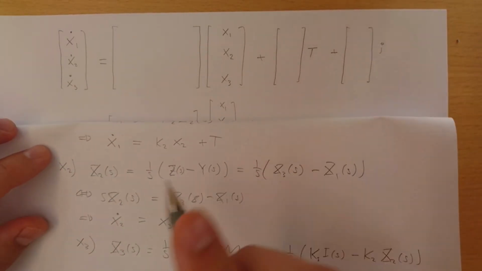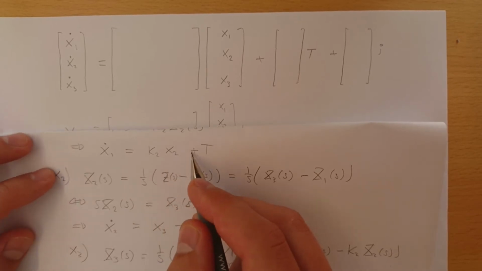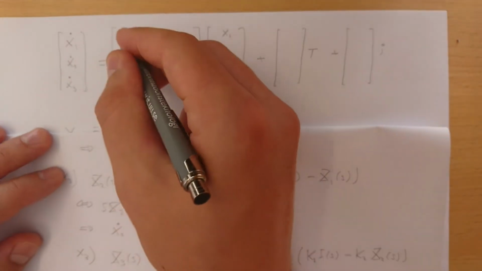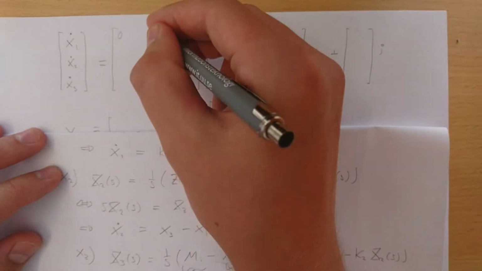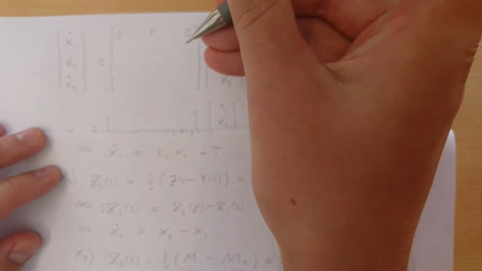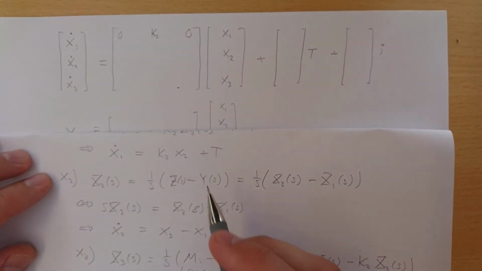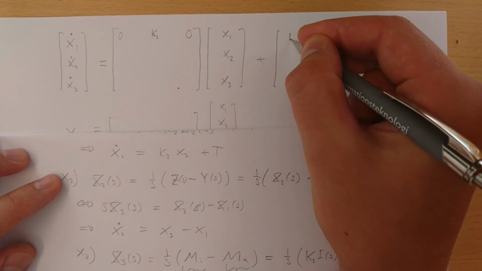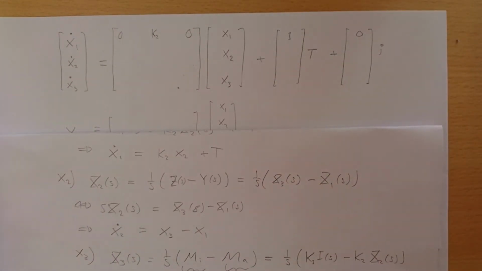So we have this relation for x1. x1 dot is equal to k2 times x2 plus T. So we have no component of x1, and we have no component of x3, but we have k2 times x2, and then we have one T component, so we will need a 1 up there, but no current, so 0 on top of this vector.